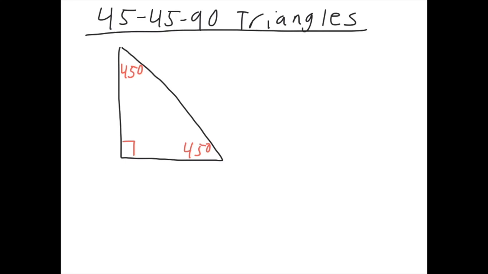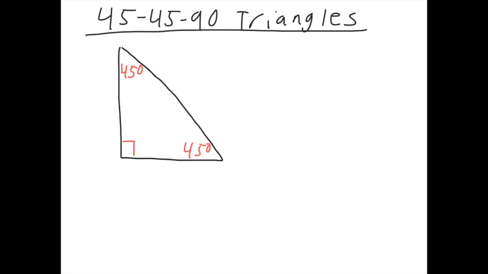Alright, so the next kind of special right triangle is called a 45, 45, 90 triangle. Two of the angles are 45 and the other is 90. So the thing is, if the two angles are the same, remember that the two sides are also the same.